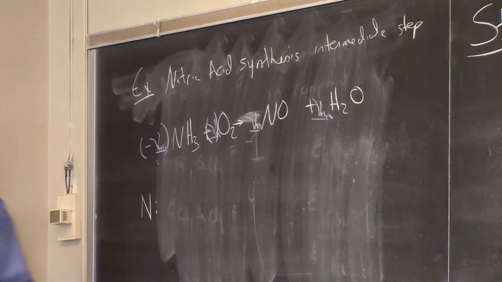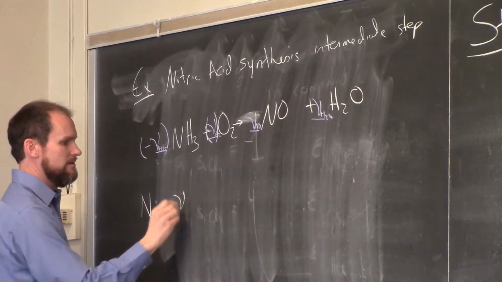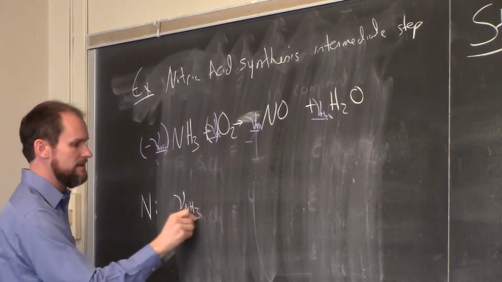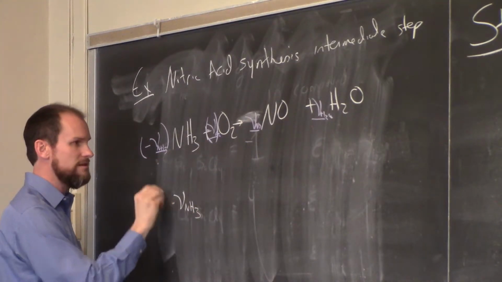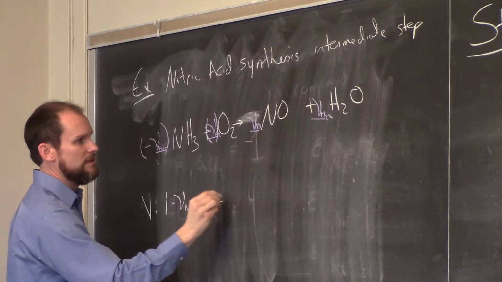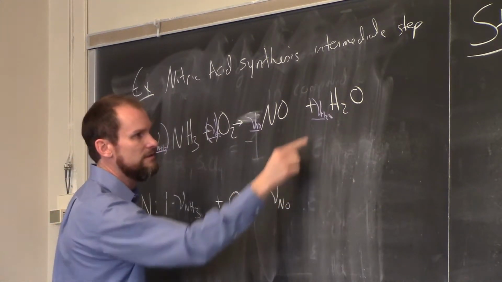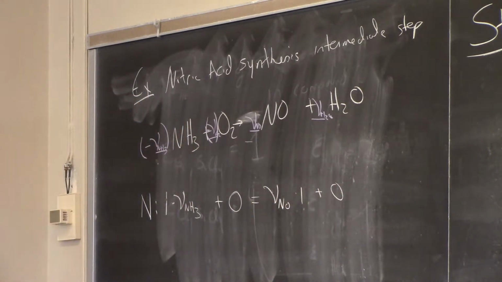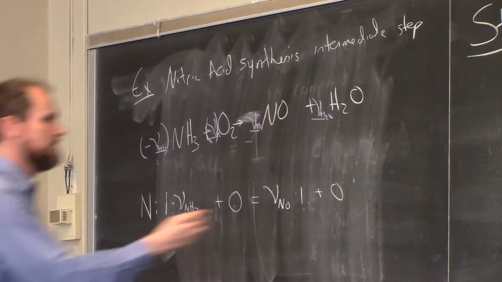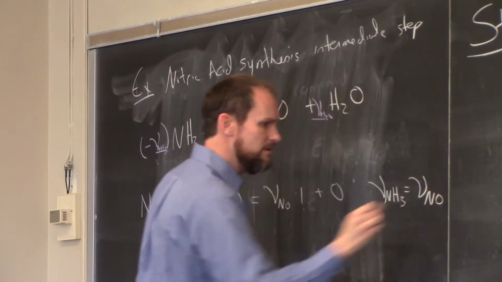If I'm going to balance nitrogens, I have nu NH3 times the epsilon of N in NH3, which is 1, plus 0, equals nu NO times 1 plus 0. So I get nu NH3 equals nu NO.